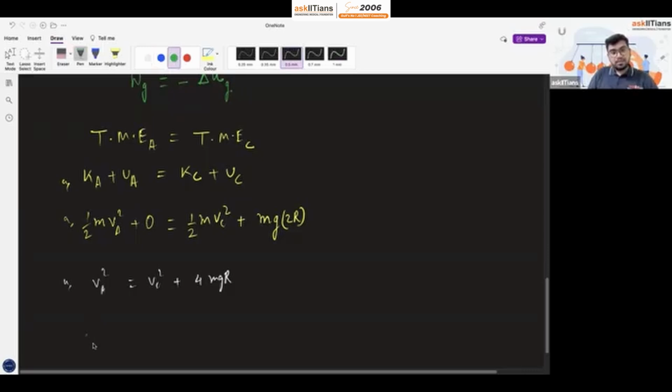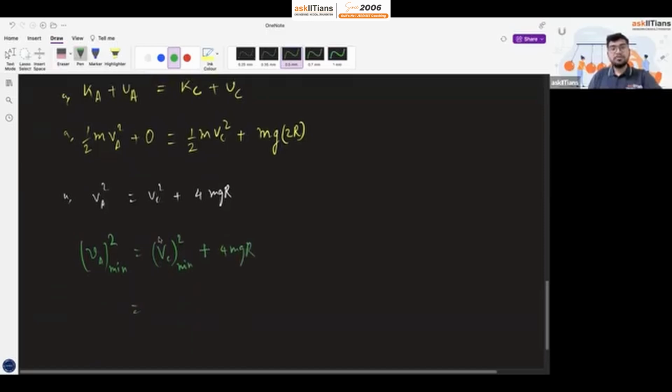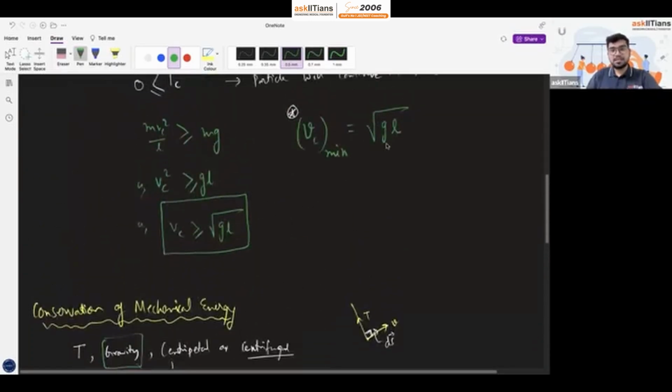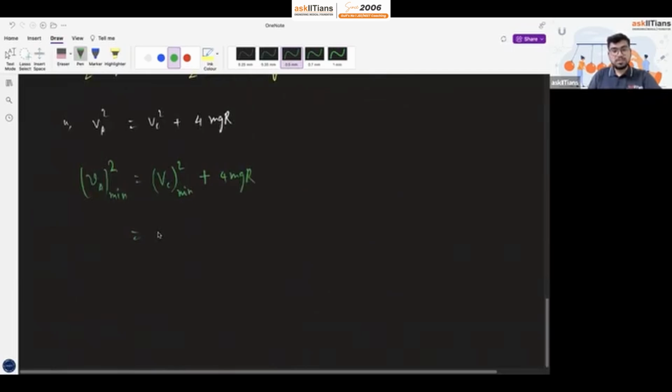Now again, what do we need? We need the minimum speed required at point A. For that, we'll use the minimum speed required at point C, plus 4gr. So what is the minimum speed required at point C? It is under root gL, which means its square, plus 4.